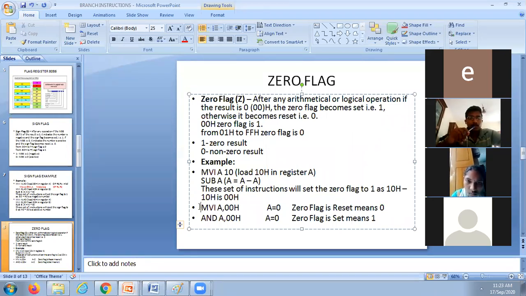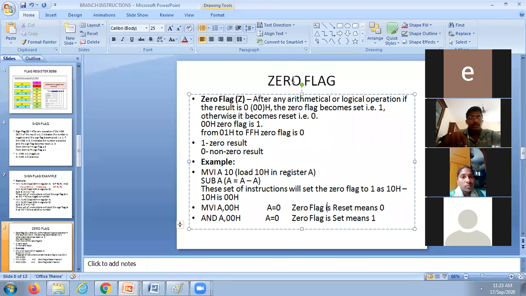Because of the data transfer instruction, the accumulator content becomes 0, so here the flag will not be affected. Is it clear or not? The flag register or flag bits are affected only for arithmetic and logical instructions. Clear?